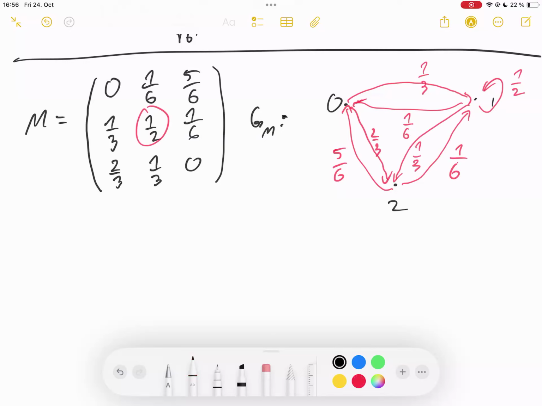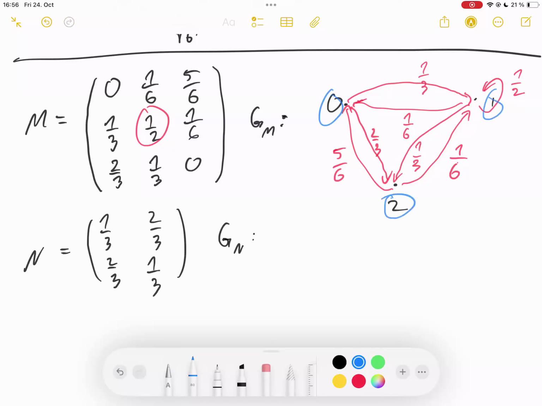Now we have another system, because first introduce our systems, and then we will try to build a composite system. So 1/3, 2/3, 2/3, and 1/3. And we can visualize the graph for N. And this time, just for the convention, so we've called this 0, 2, 1.